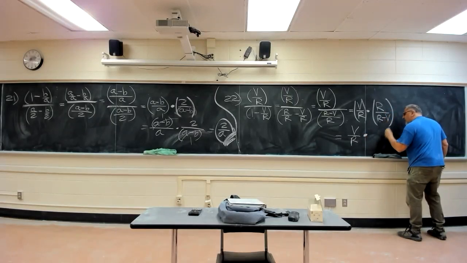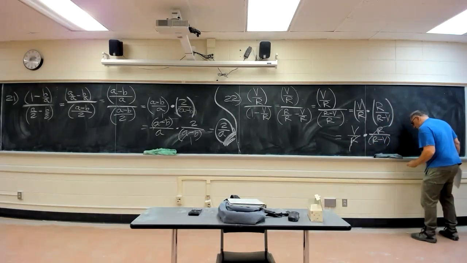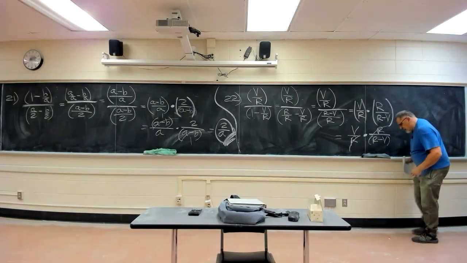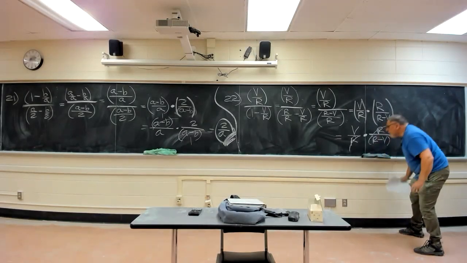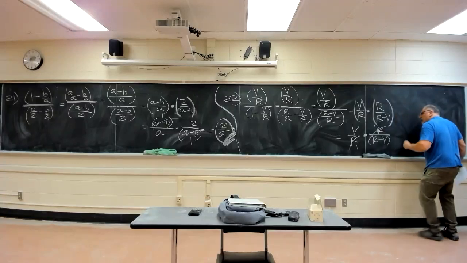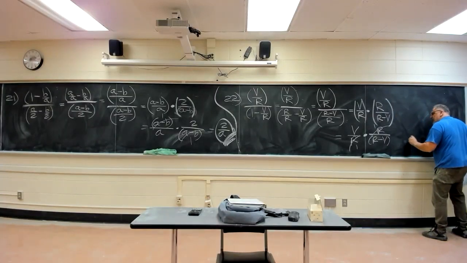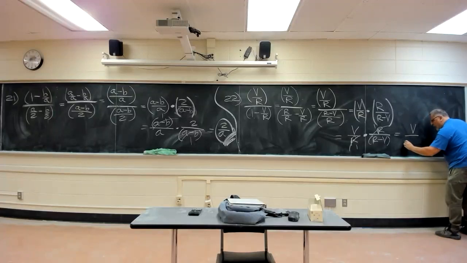The r minus v behaves like this, as a quantity. There's an r. The r cancel. Multiply across. One times v is v. 1 times r minus v.